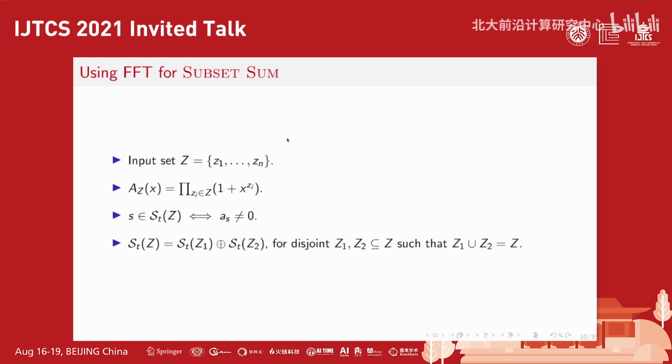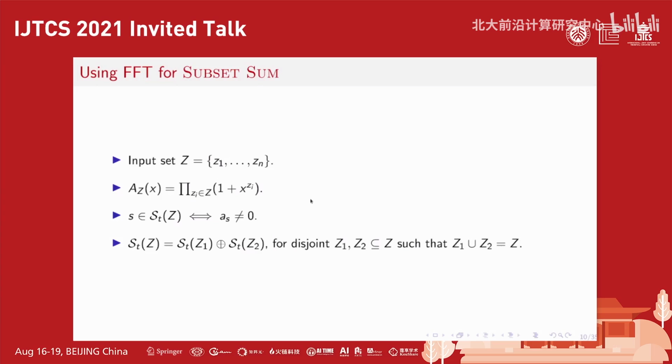Indeed, if we have as an input set Z containing z1 to zn, then if we compute this polynomial, which is a product of these polynomials, we can see that each non-zero term corresponds to a subset sum of our input set.